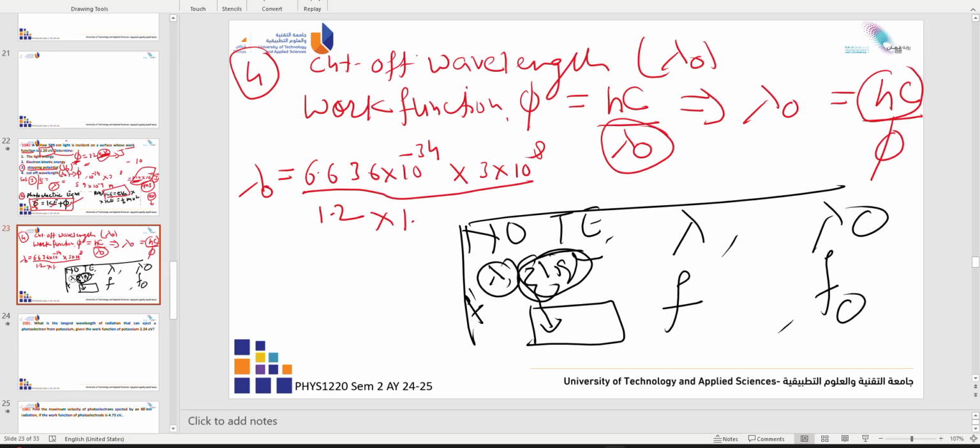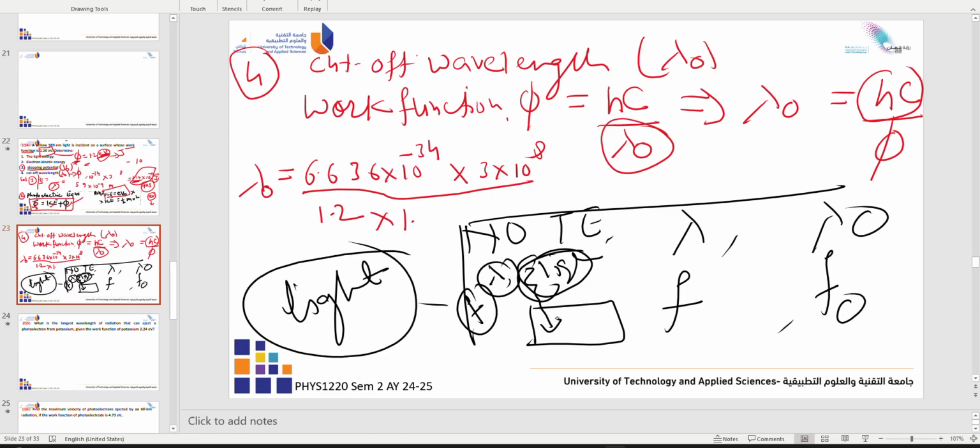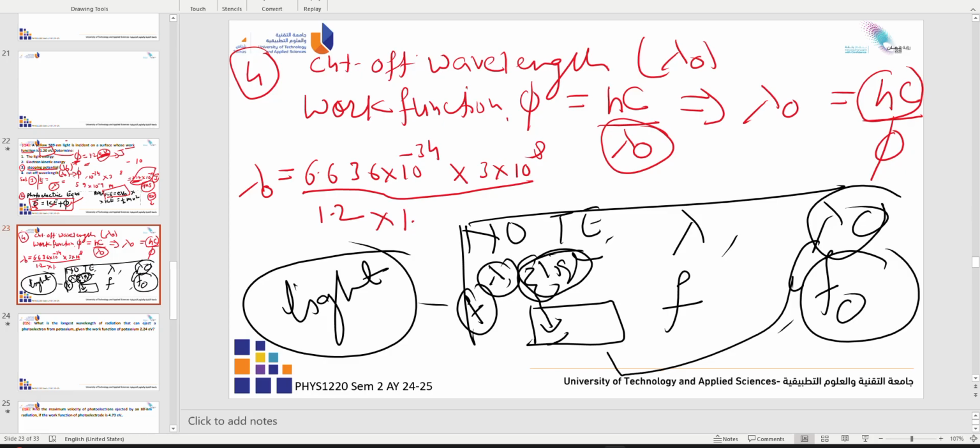So these are connected with the light which is incident on the metal. But lambda naught and f naught are not connected with the light. They are properties of the metal.